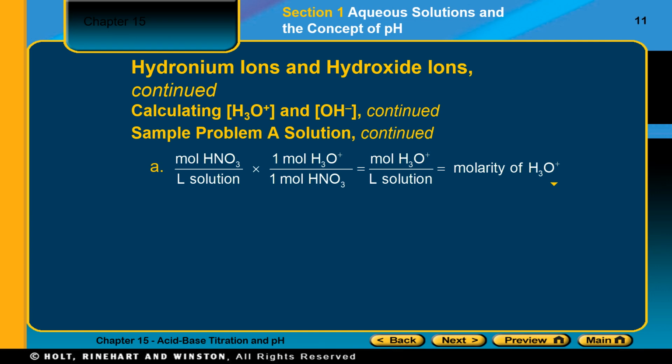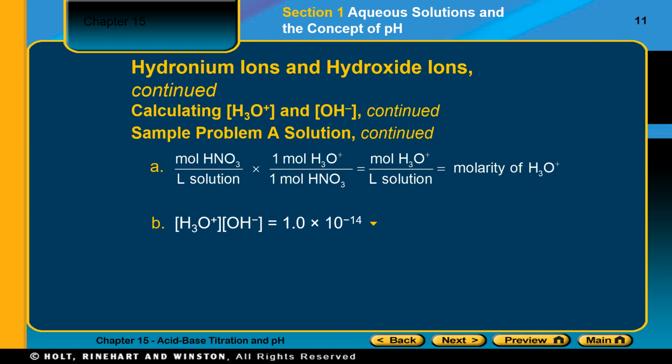So if we were to take the moles of HNO3 per liter and multiply it by the mole ratio, they're in a 1-to-1 ratio between H3O+ and HNO3, I will end up with moles of hydronium ions per liter of solution. So that will give us the molarity of the H3O+. They gave us the concentration of the acid. Now by doing this, we'll end up with the concentration of the hydronium ion.